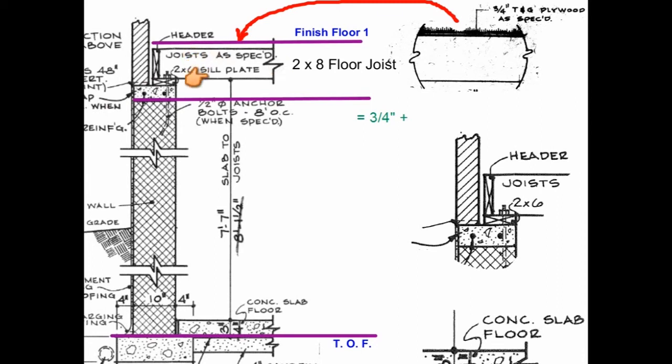The actual width of a 2x8 floor joist is 7 1/4 inches, plus the distance between the bottom of the joist and the basement floor is 7 feet 7 inches, plus the thickness of the concrete floor, we're going to use 4 inches for this.